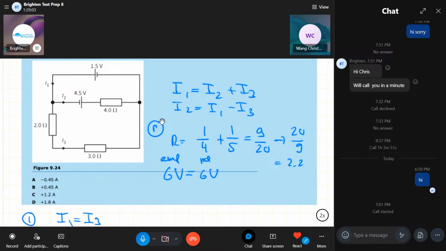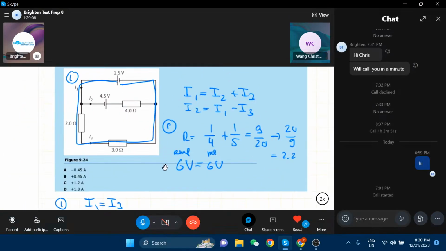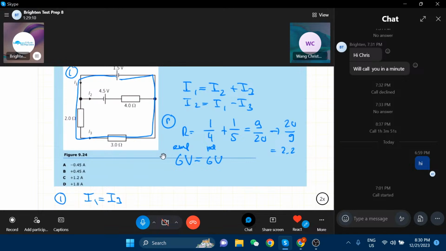If I look, I make this one loop 1. That would be loop 1. So what can I say about it? I have 1.5 EMF. So what happens to the PDs in that series circuit?